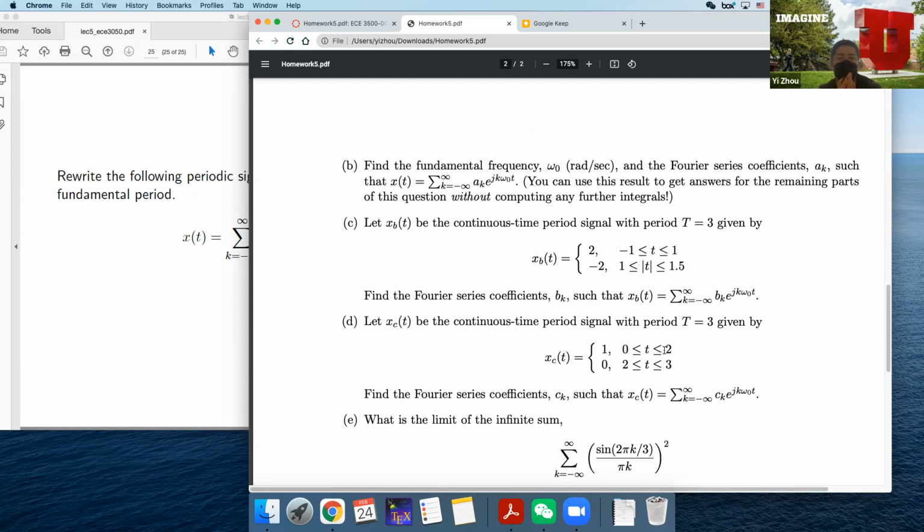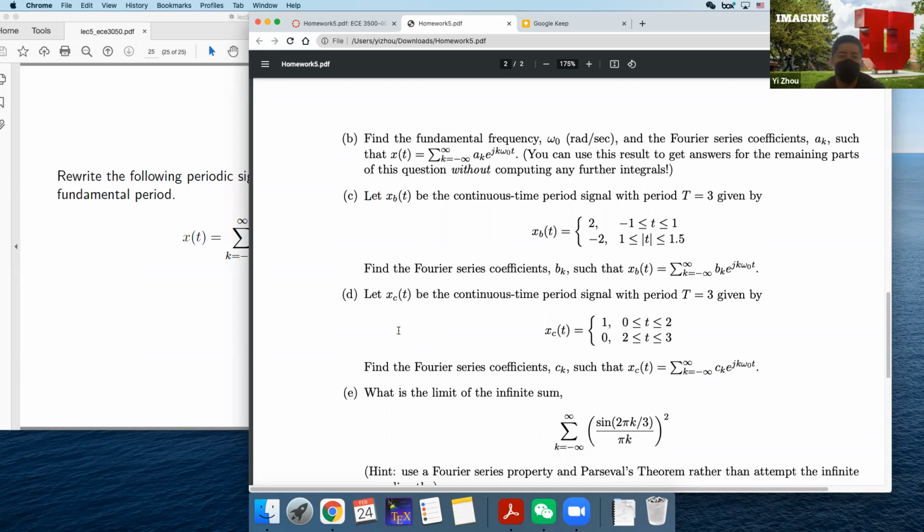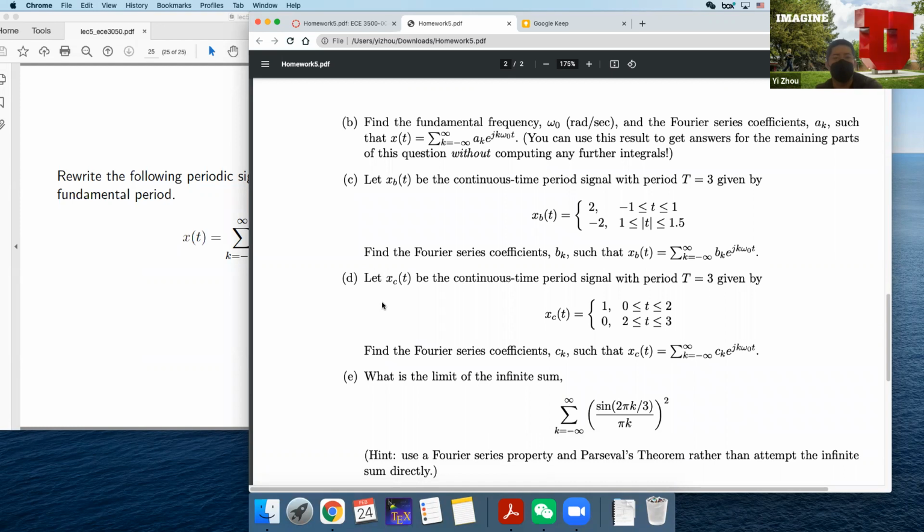So you need to consider time scaling, and after that, you can leverage the properties of Fourier series to derive this. So once you have part B, you should be able to get C and D very conveniently.